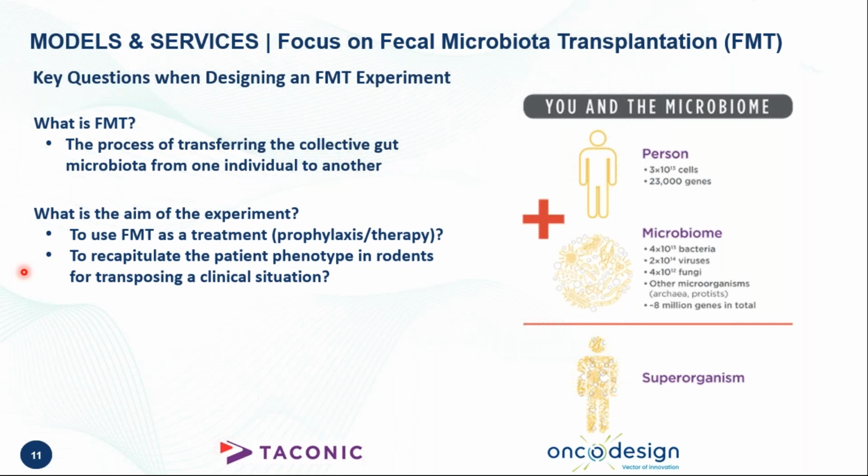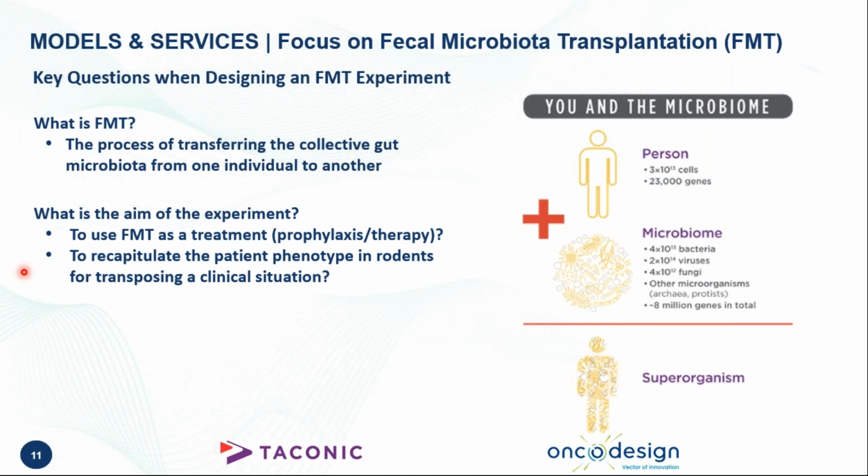But in both cases, there are well-known examples of successes. For example, the application of FMT in humans as a prophylactic intervention has been shown, by transferring the microbiota of a healthy patient to the intestinal tract of a diseased patient, to be used in human patients with recurrent infections with Clostridium difficile.